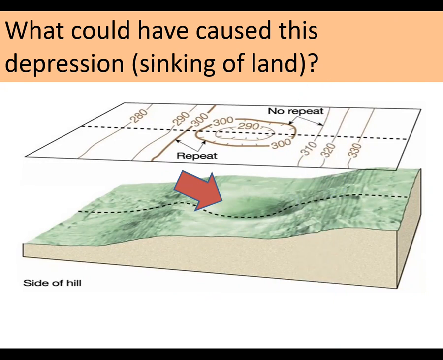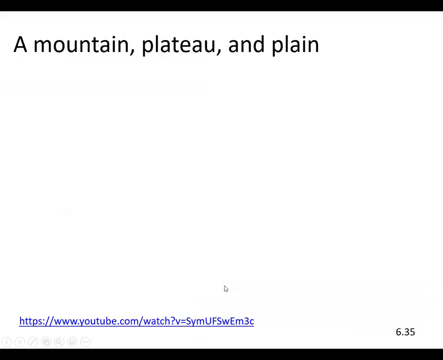Weathering and erosion can be one of them, or another one is karst topography, that's spelled as K-A-R-S-T, topography. And we'll be learning about karst topography in the future. Karst topography is also known as underground cave, and when this underground cave collapses, it causes a sinkhole. Sometimes it causes one like this depression here. Okay.